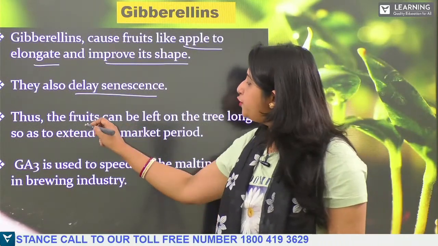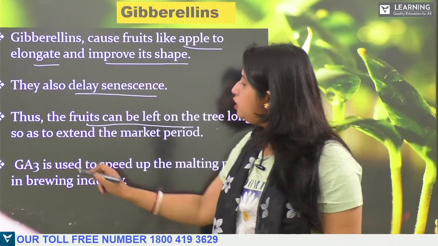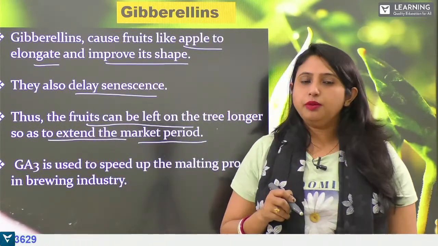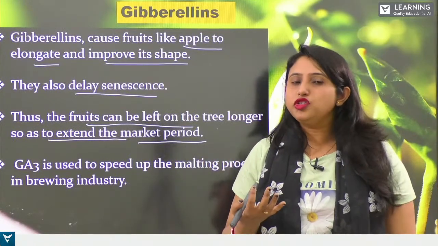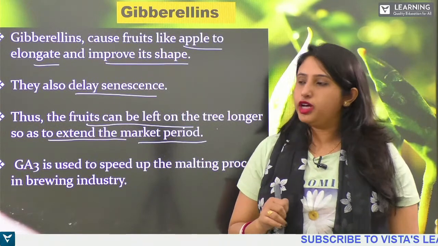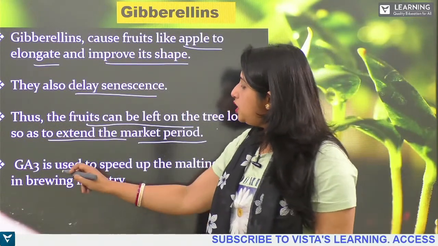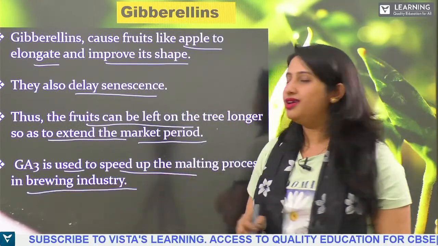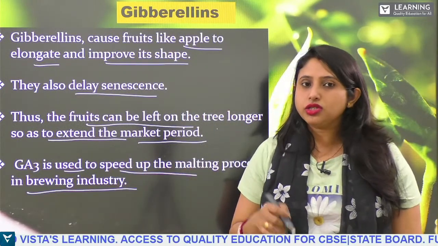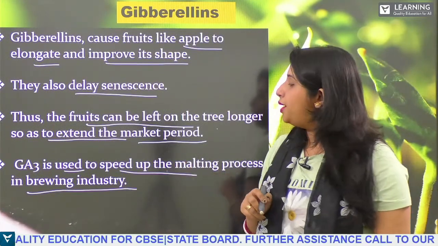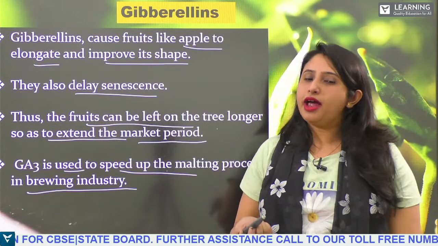Thus the fruits can be left on the tree longer, extending the market period, because by applying gibberellin we can keep the fruit on the plant for a longer period of time. GA3 is also used in the brewing industry to speed up the malting process.